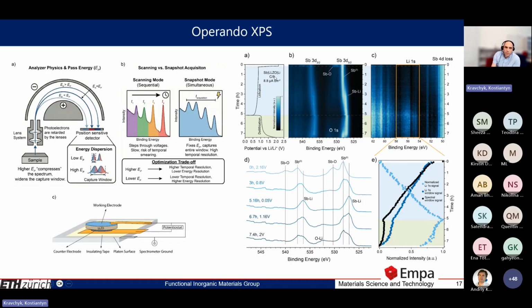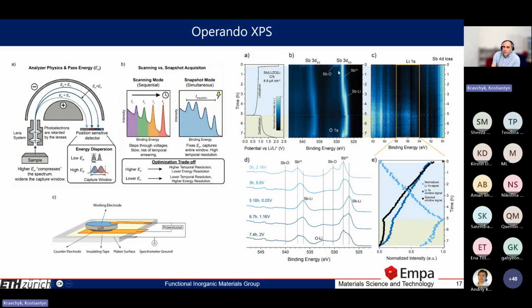So in this work we tried to monitor the surface of antimony, which was coated on LZO surface, upon lithiation, and we imaged it basically with XPS.